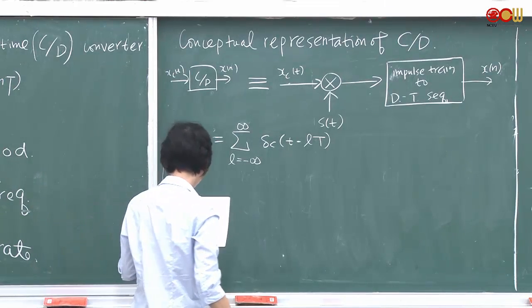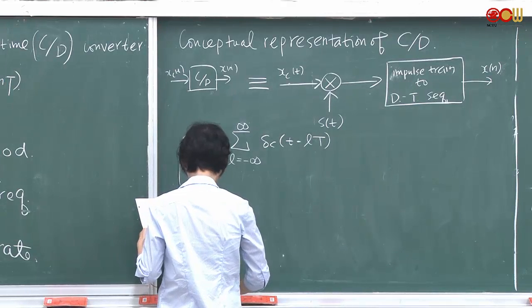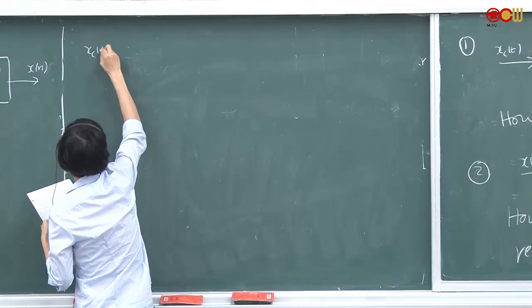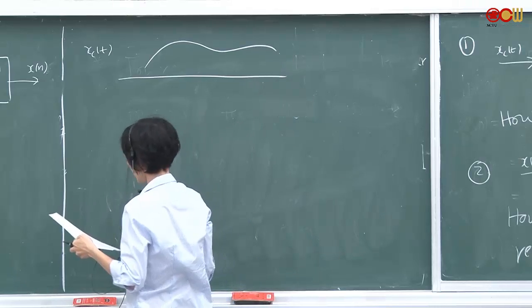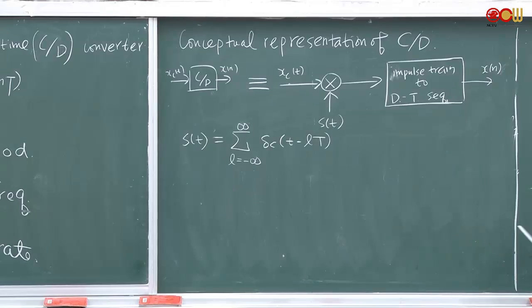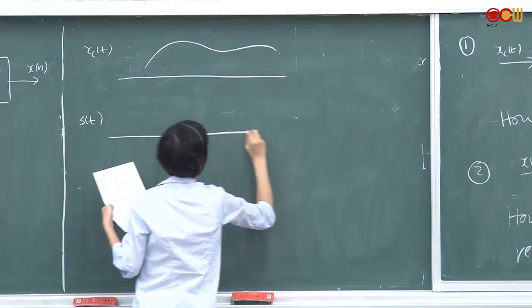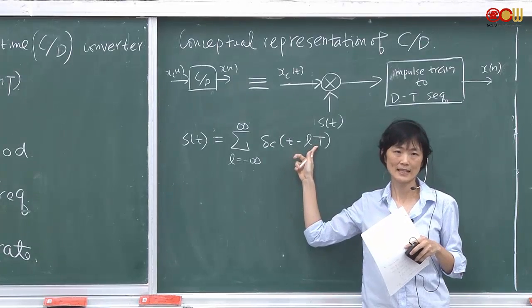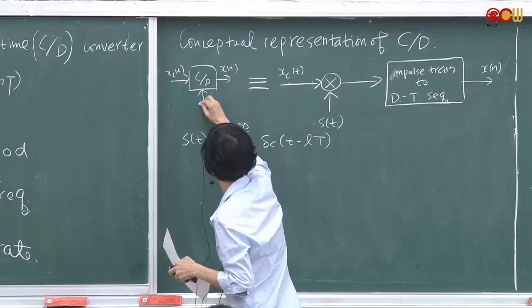So first one, this s is an impulse train. So let's say we have, suppose this is our xct. And s of t is an impulse train. You see, it has an impulse every T seconds.